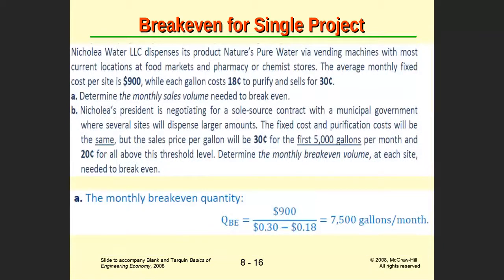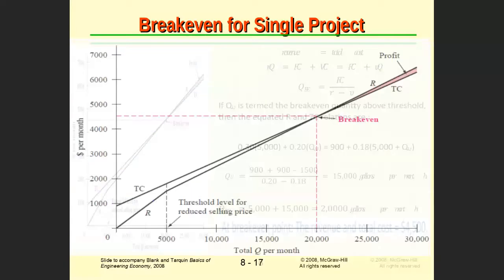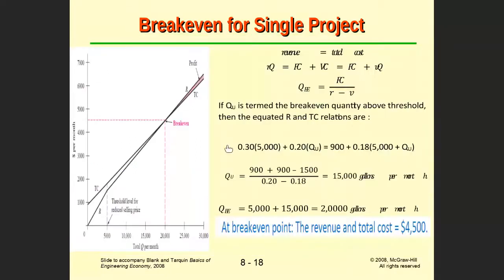What was given was 18 cents for the variable cost, and the sales price, or the revenue, is 30 cents. So the 30 cents is multiplied by the 5,000 as revenue for the first 5,000.